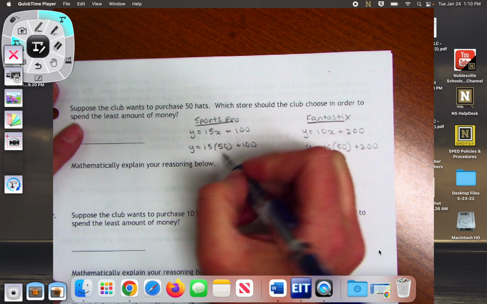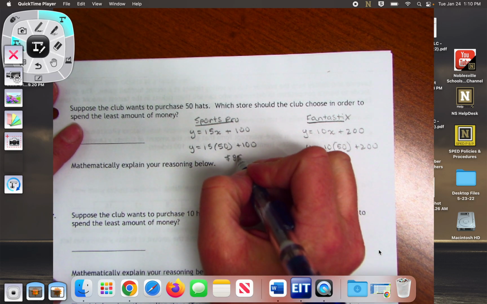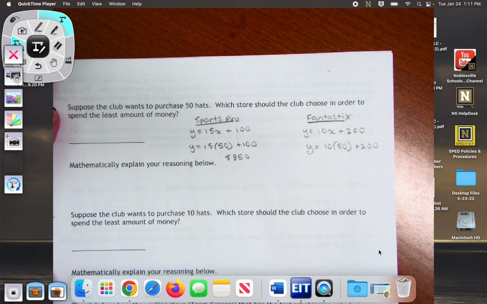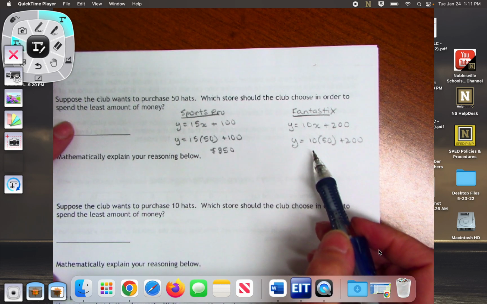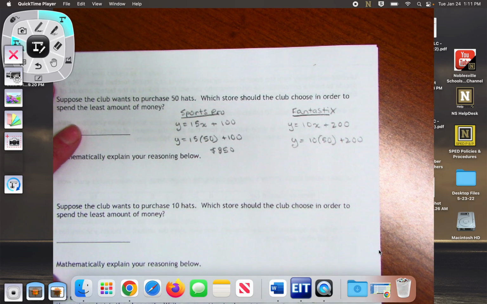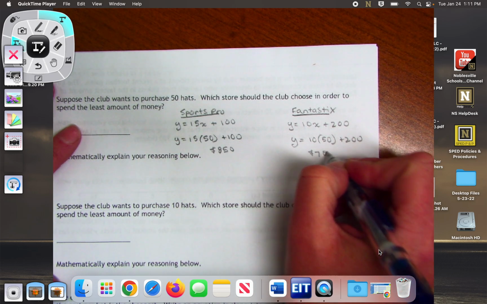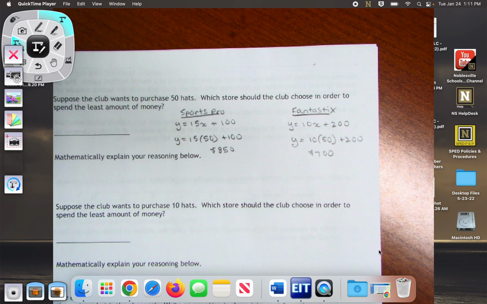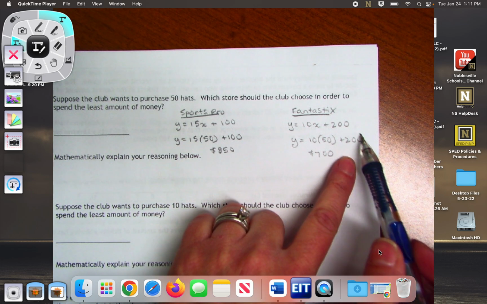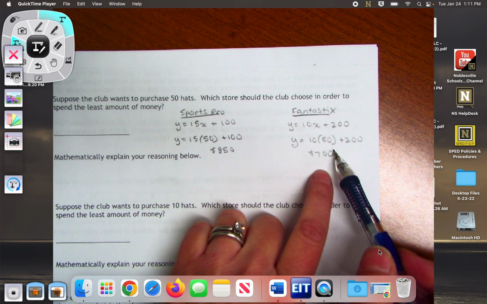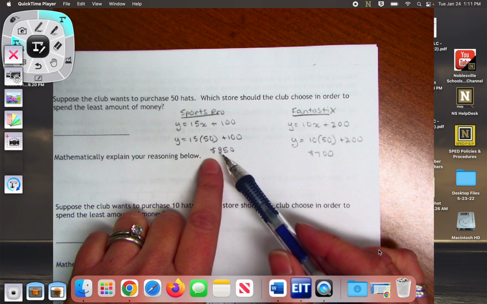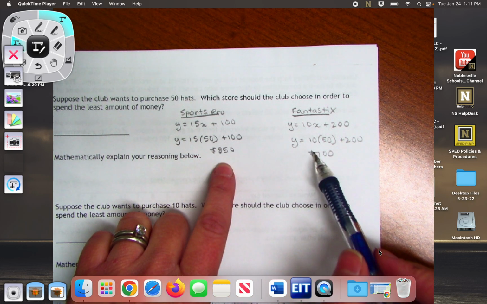Ooh, that's going to cost me $850. And if I go to Fantastics, it's 10 times 50 plus 200, and that's only going to cost me $700. So even though it's more to ship, I'm going to end up saving money per hat to overcome that cost.